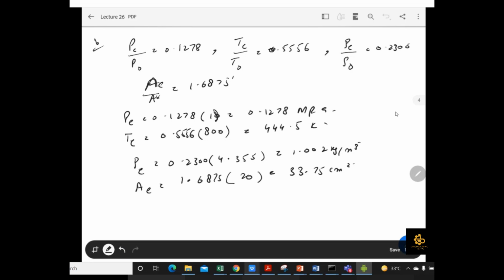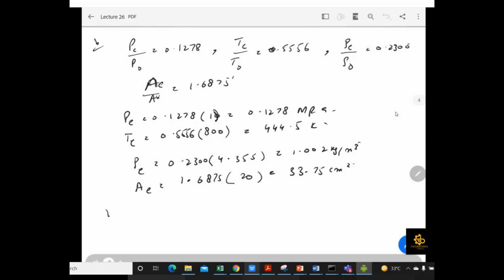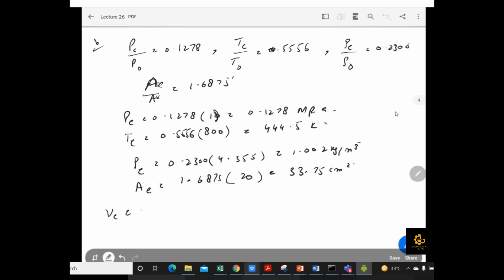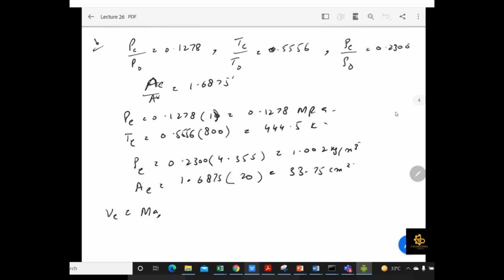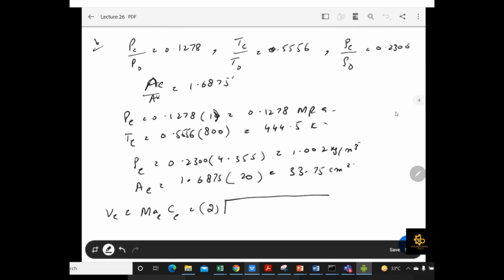Now the last thing which we have to find is exit velocity. For exit velocity, you can use the relation V exit is equal to Mach exit into speed of sound at exit. Mach number exit is known to us, which is 2 from the question, and speed of sound is under root kRT exit, because T exit is already known.